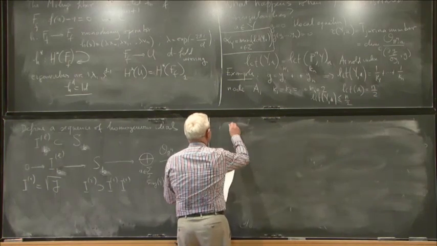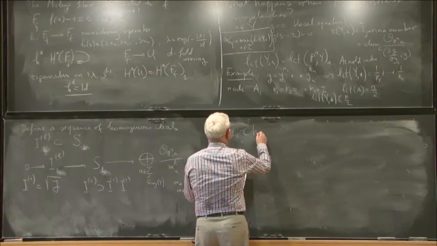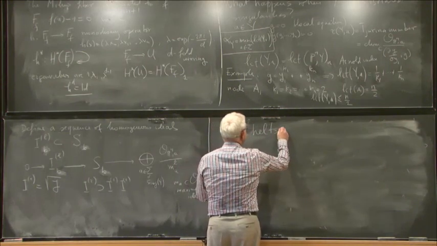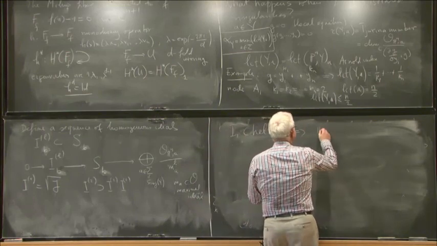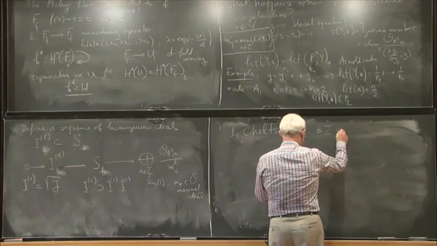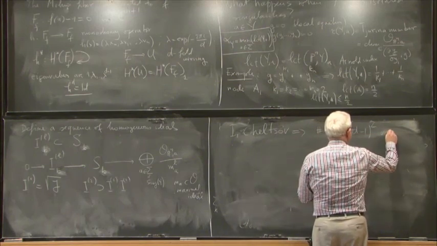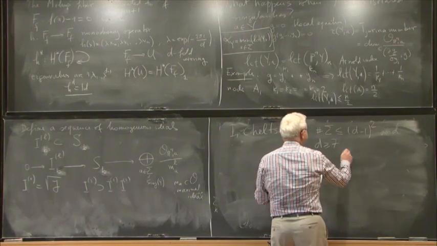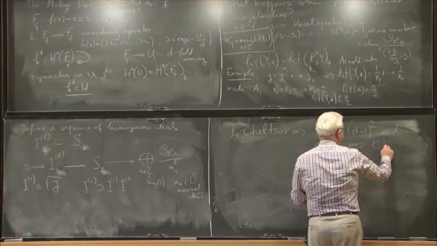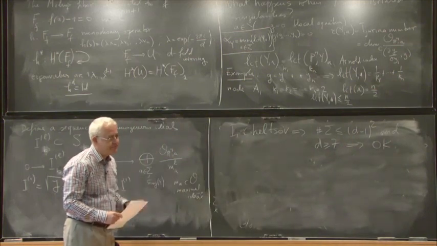So a result due to Chertsov implies that if the number of singularities is bounded by (d minus 1) squared, and if d is at least 7, then the formulas work for any q.